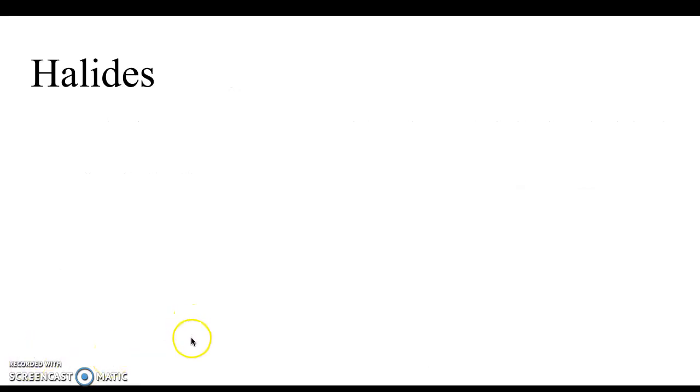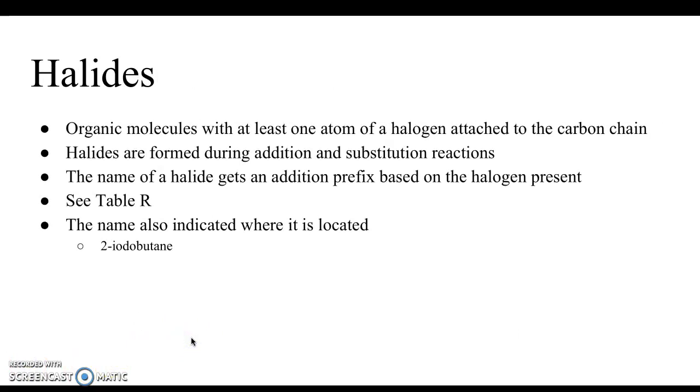Halides, or group 17, are considered one of the functional groups, so organic molecules with at least 1 atom of a halogen, so group 17, attached to the carbon chain. Halides are formed during addition or substitution reactions, a little more on that later. To name a halide, there's an addition of a prefix based on the halogen present.